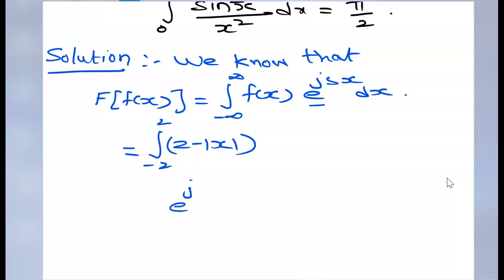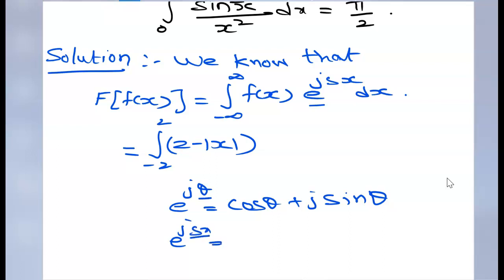My students would have known that e power j theta is cos theta plus j sin theta. If you notice very carefully, I need e power j s x, so instead of theta I have s x.